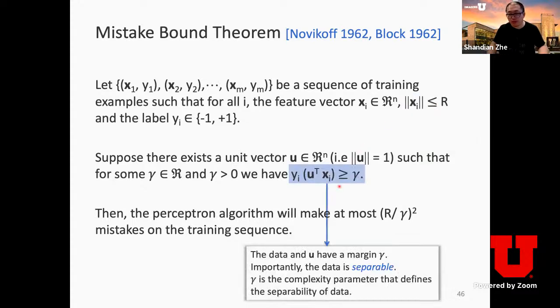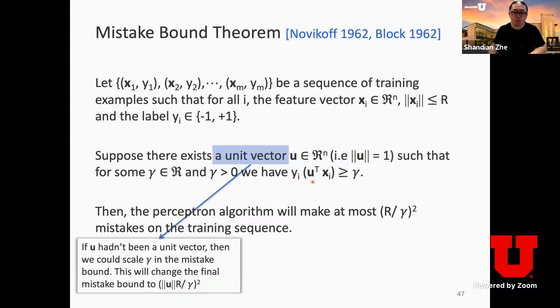And thirdly, we assume that the data is linearly separable and has margin at least gamma. One thing I mentioned a minute ago: why should we choose a unit vector u? It's just for convenience, not for any other purpose. We can definitely get rid of this assumption. If u can be an arbitrary vector, then the mistake bound must contain the norm of u.